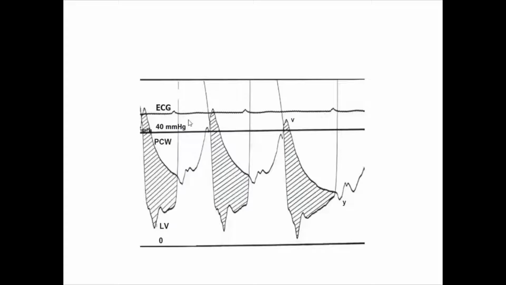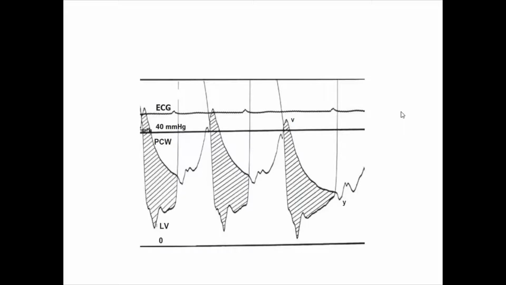There is no P wave, RR intervals are irregular. So I will say simultaneous hemodynamic tracing of LV, pulmonary capillary wedge pressure in a scale of 0 to 40 with ECG tracing showing atrial fibrillation.